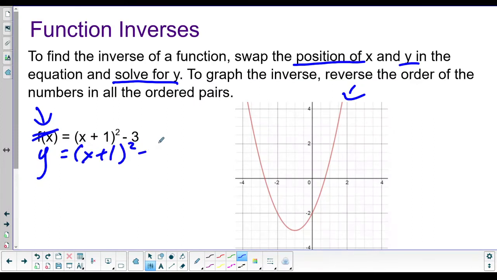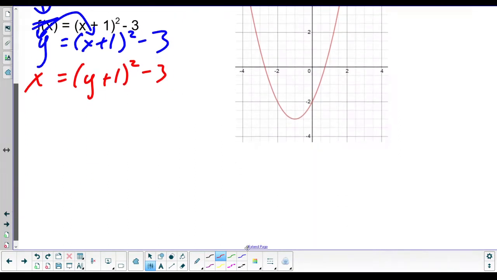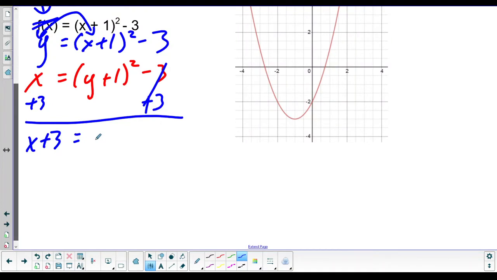So we're going to swap the position of our variables, and that's going to become x equals (y plus 1) squared minus 3. Cool. And then we're going to solve for y. So the first thing we're going to do is add 3 on both sides. These cancel, so we have x plus 3 equals (y plus 1) squared.